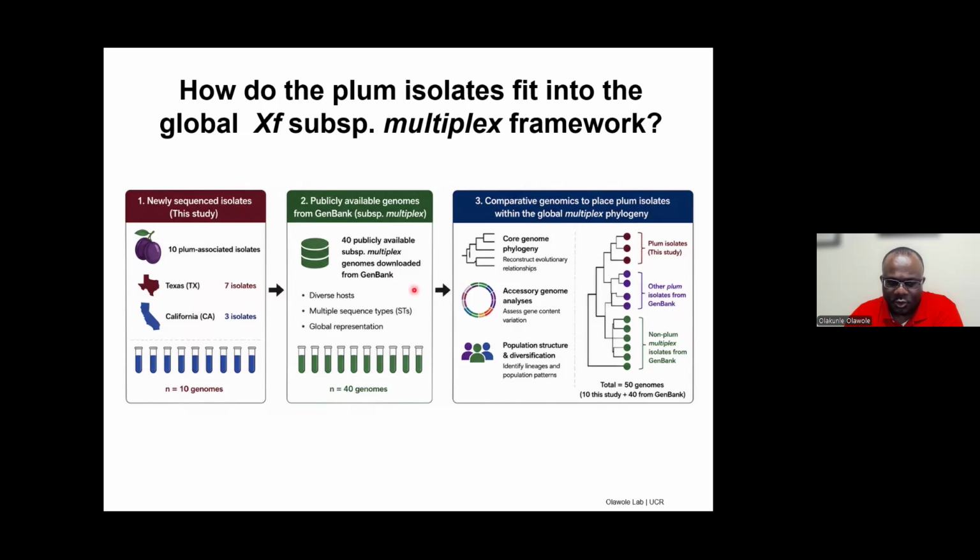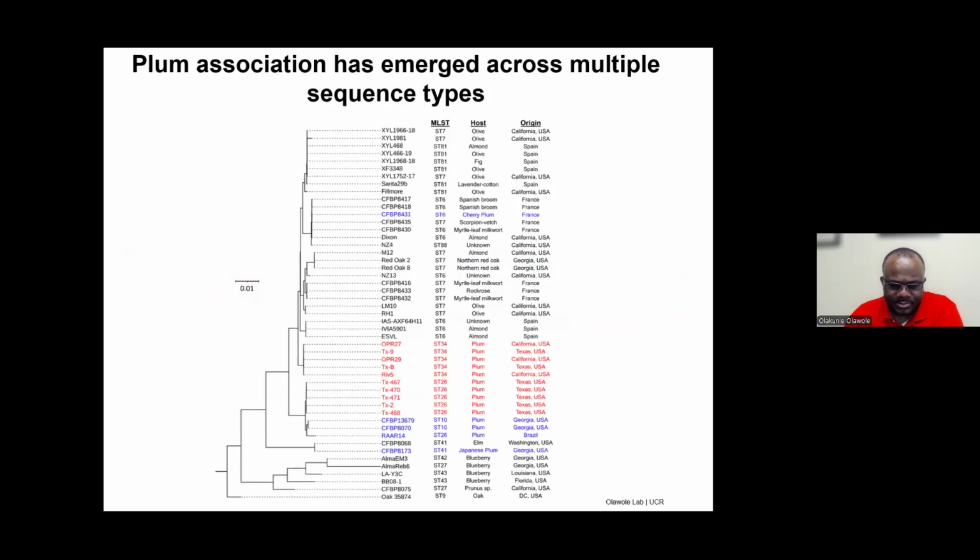We performed core genome, ancestry, and population structure analysis, and used these comparisons to determine whether the plum-associated isolates fit within the global diversity of subspecies multiplex.